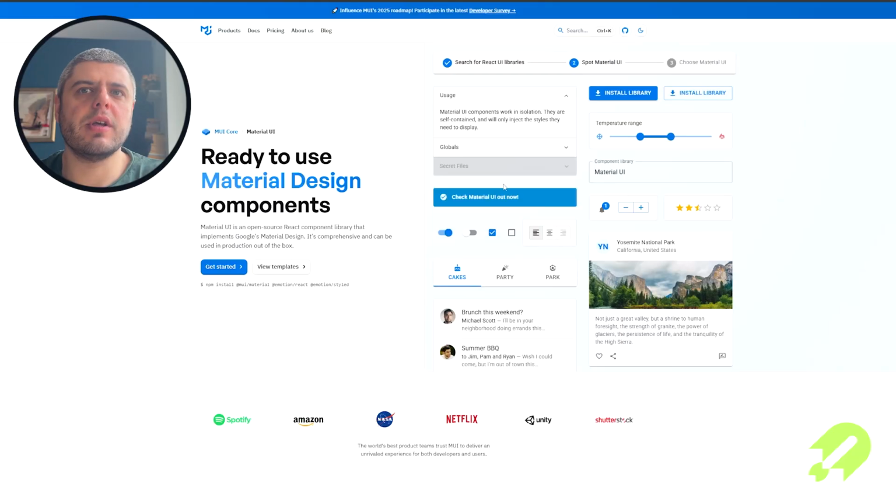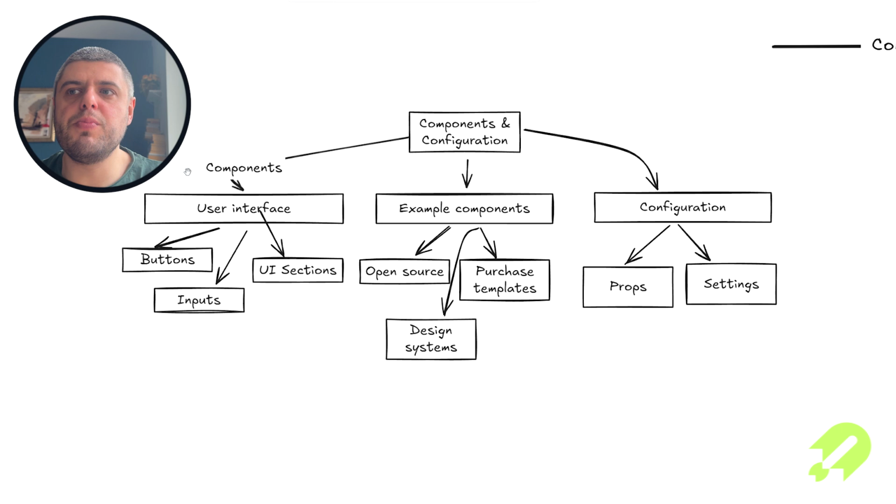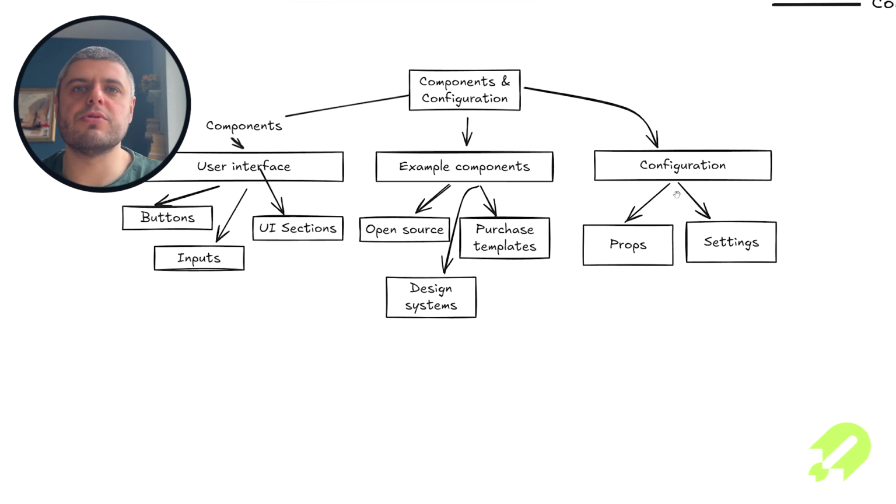Whether you use a UI library like Tailwind or Material UI, like for example here, or you are more mature and you're using design systems which are specifically built for your application, these components rely heavily on configuration data to display content and functionality. Usually these configurations are done through props or settings.